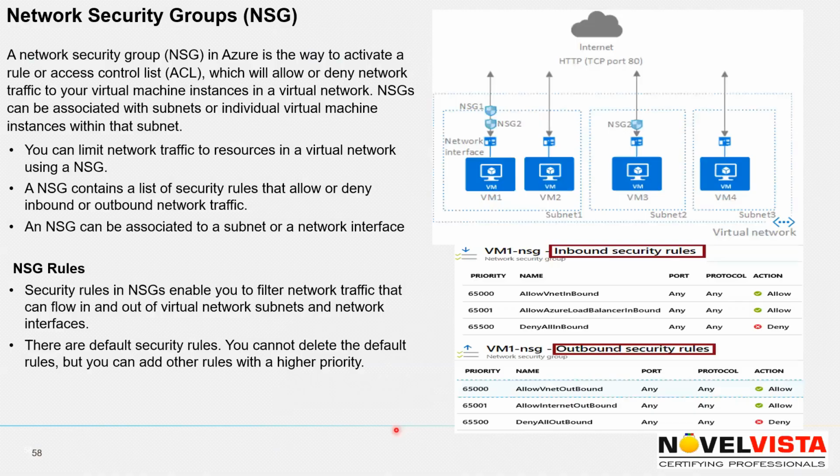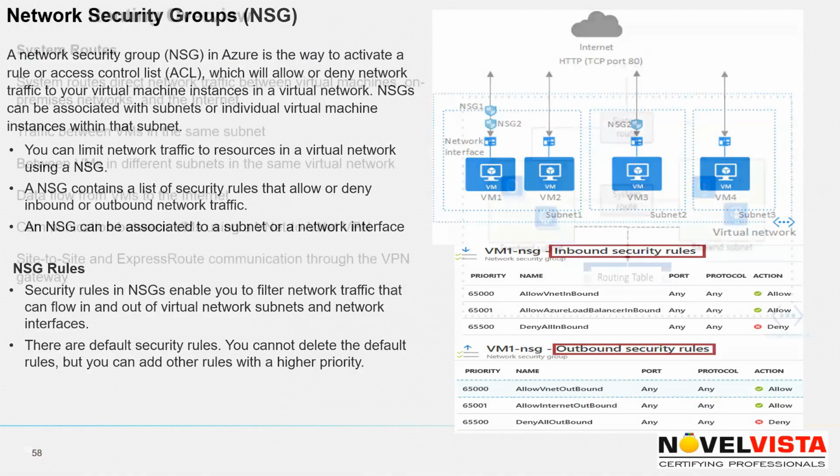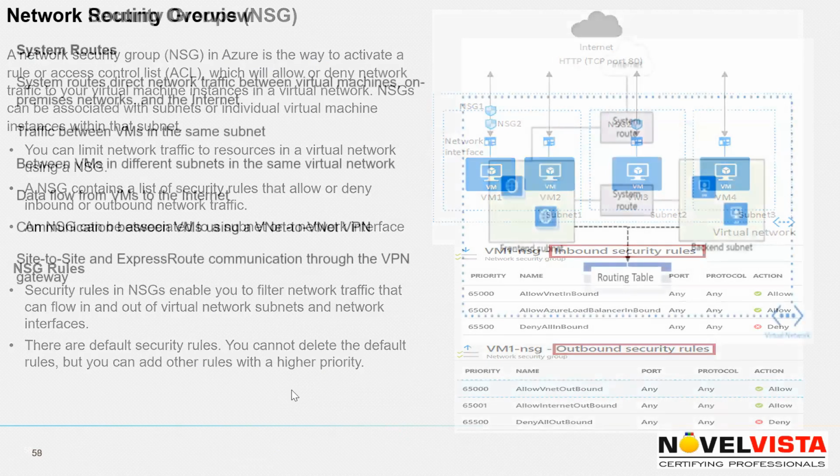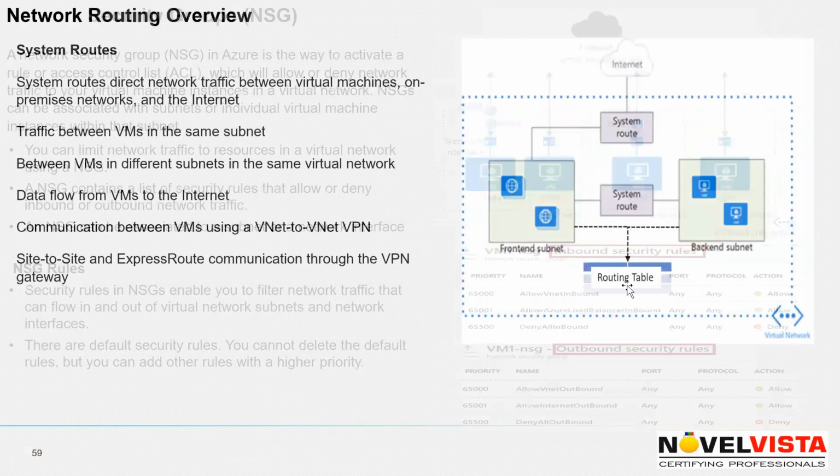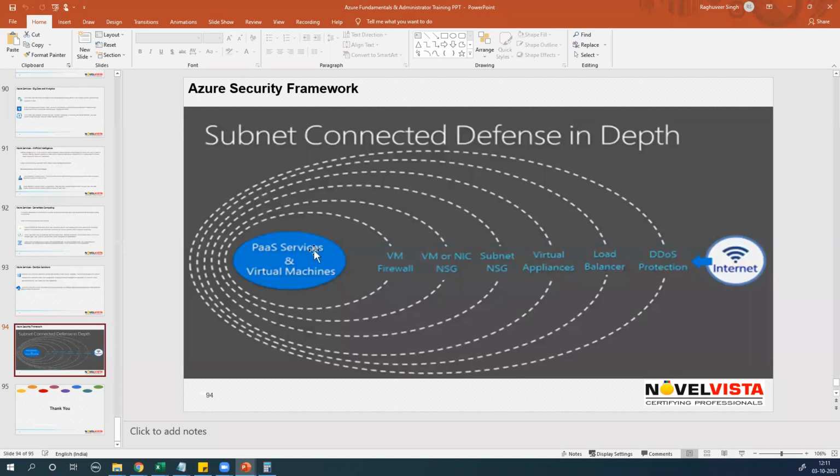So if you look at this image, this is how you are protecting your virtual machine, which sits here. This is the subnet defense in depth. Defense in depth is a terminology which has been given by NIST, the National Institute of Standards and Technology.